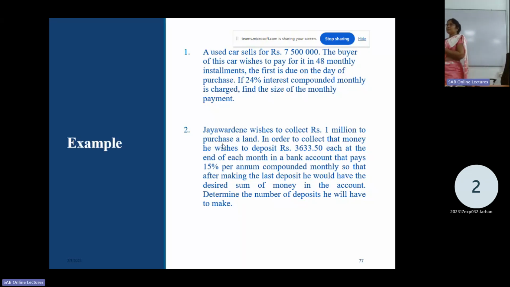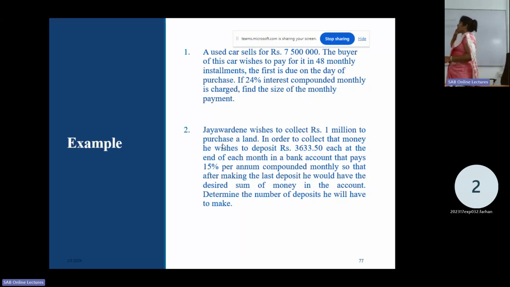I think you remember in the assumptions of the timeline, cash flow frequency should equal the compounding frequency. The cash flow frequency here is monthly, so you have to compound this cash flow also monthly.